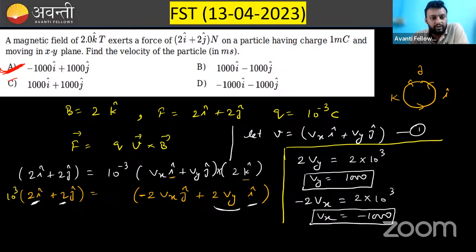Say yes or no whether this question is clear or not. What we did here, they are asking me the velocity. I have assumed the velocity to be Vx I cap, Vy j cap, and solve this question. Moving further.